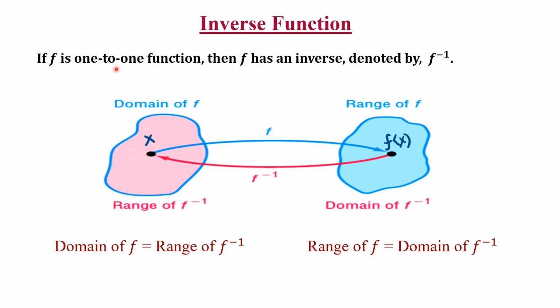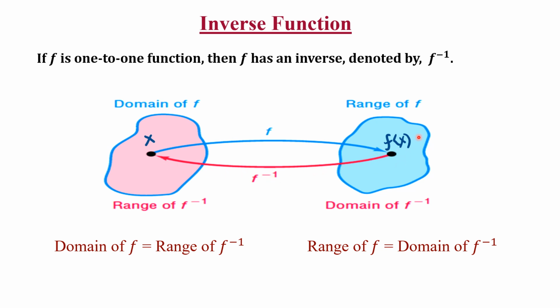If f is a one-to-one function, then the function f has an inverse, denoted by this. This diagram shows the inverse function. Suppose we have an input x, and applying the function f, the output is f of x. Then this output of f will now be the input of another function, which is f inverse.